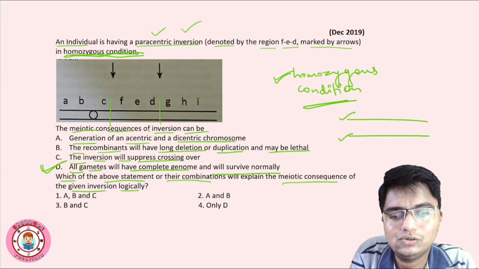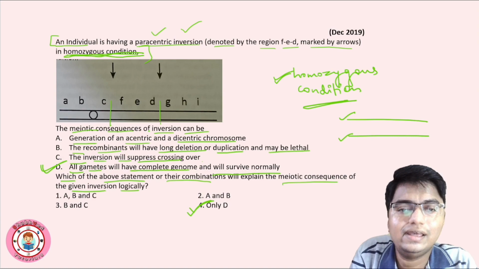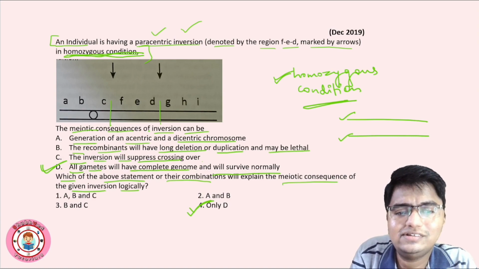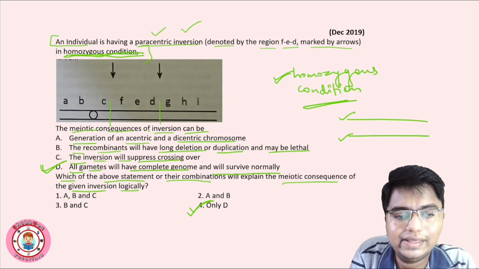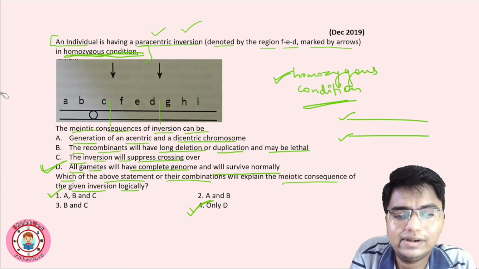Okay, so here option number 4, only D will be the correct. Right, ऐसे हमें क्वेश्चन को ध्यान से देखना है. If you don't know that much in detail then you will say that all the statements are true for the paracentric thing और ABC करेक्ट करके आओगे, right? But that is not the thing. The answer is 4 because there is a homozygous condition.